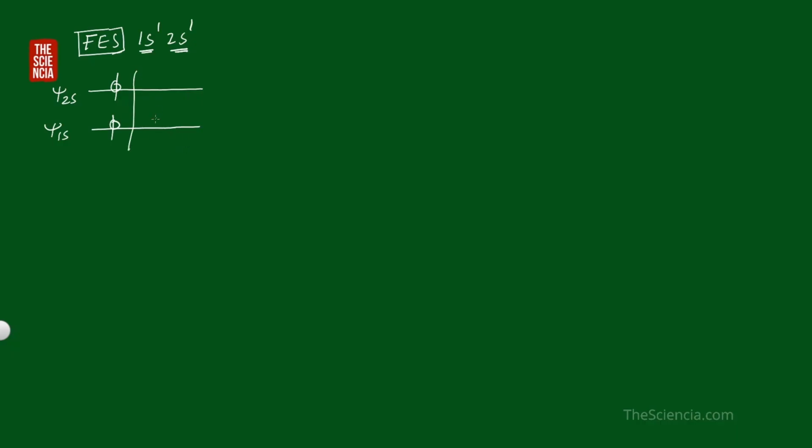The first electron may be in the 1s state and the second in the 2s state, or the second in the 1s state and the first in the 2s state. Both combinations are possible because these are identical particles. We cannot say which one is occupying the 1s state and which the 2s state.